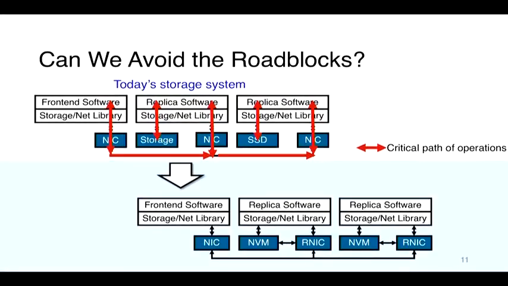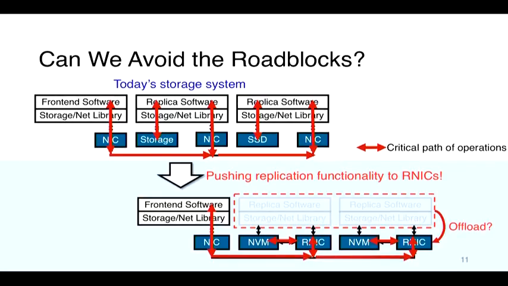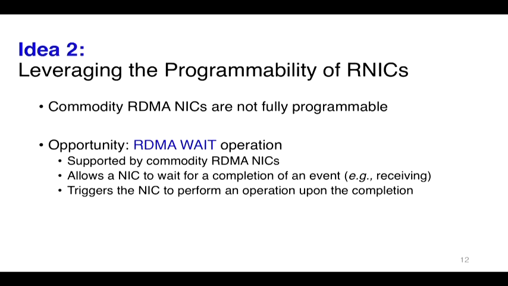So, can we address these challenges to let the NIC execute and forward the transactional operations? In particular, is it possible to push the replication and transactional functionality of the replicas into the NIC? At first glance, it seems that we need to effectively put the software stack onto the NIC.